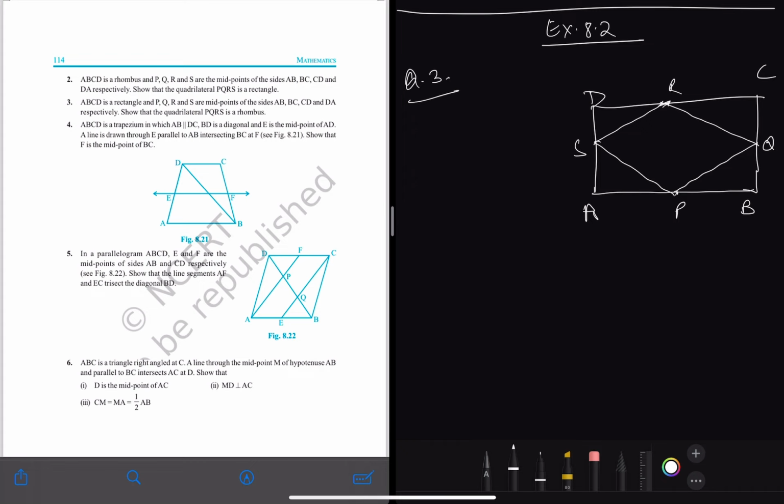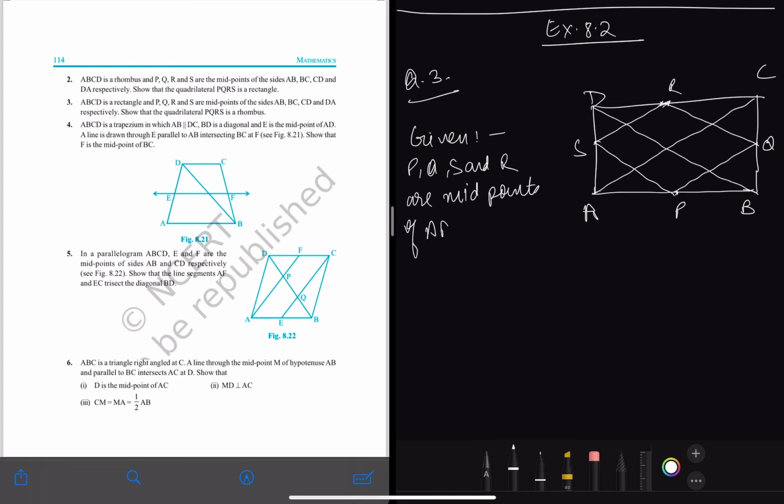So here we will consider triangle ABC. We will join the diagonals here as well. So what is given to you in the question? Let's write that. Given are that P, Q, R and S are midpoints of AB, BC, CD and DA, and that ABCD is a rectangle.